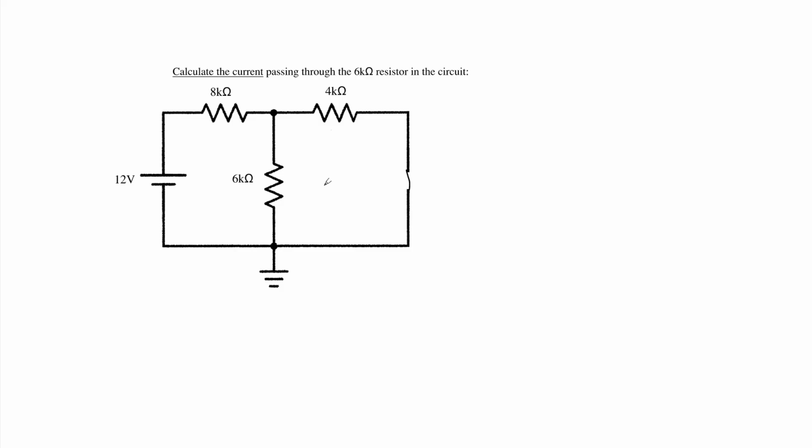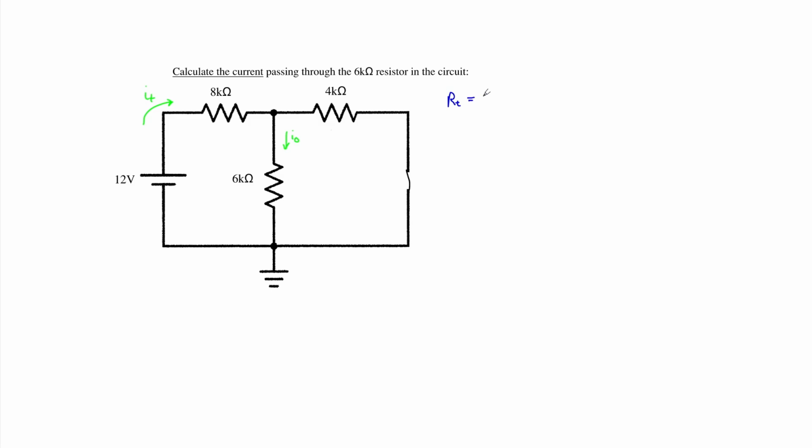Well, this seems to be a simple current divider problem in which we need to find our I naught flowing through our 6 kilo ohm resistor. And we can label the total current flowing from the source as IT. Well, in order to find IT, we need to find our equivalent total resistance of the circuit.